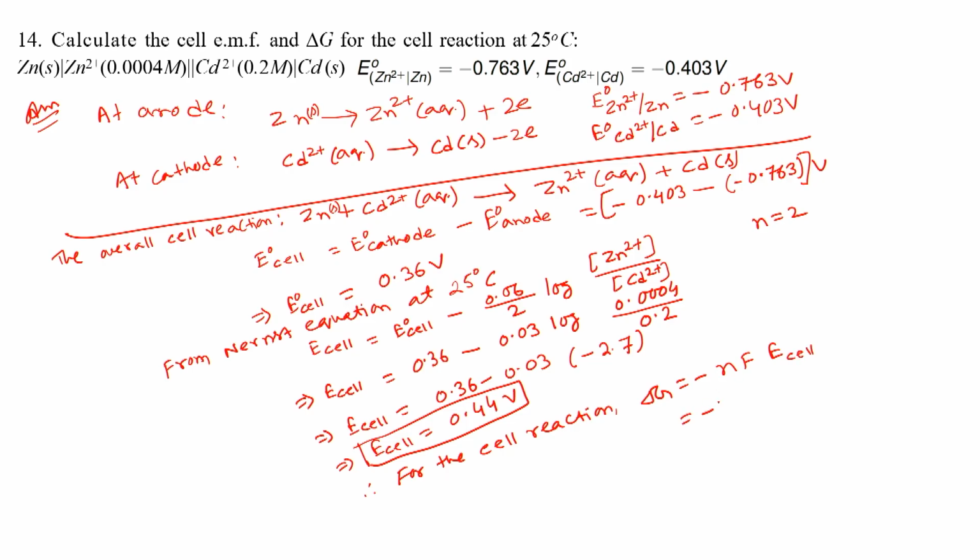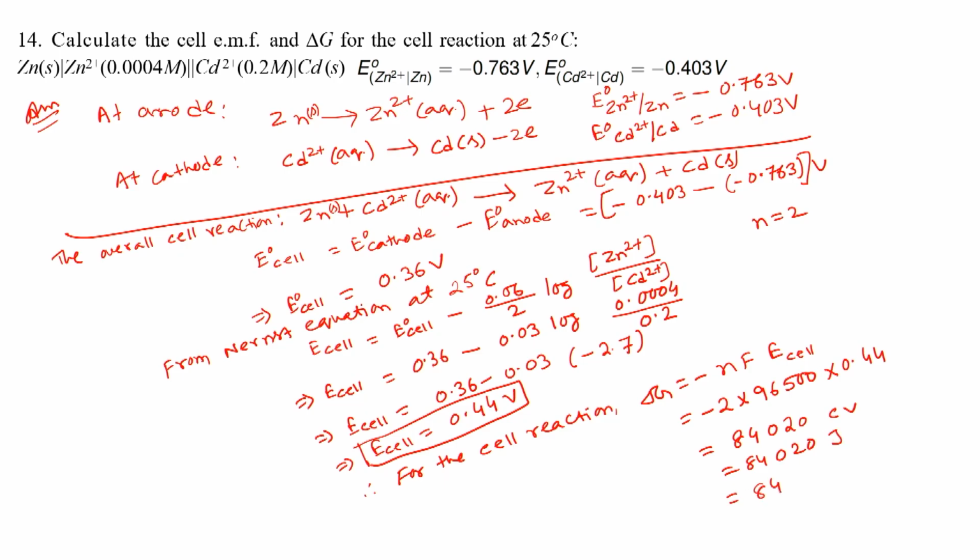Now n is 2, so minus 2, value of F we know 96,500, and 0.44. So this is given in coulomb and this is given in volt. So overall we will get coulomb volt, which means joule. So we get 84,020 joules.